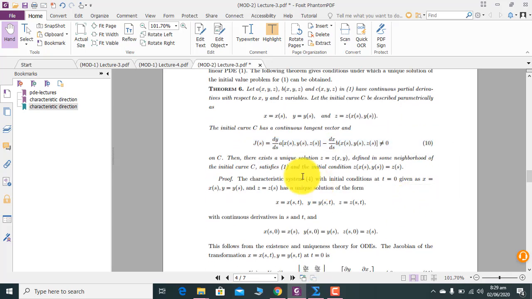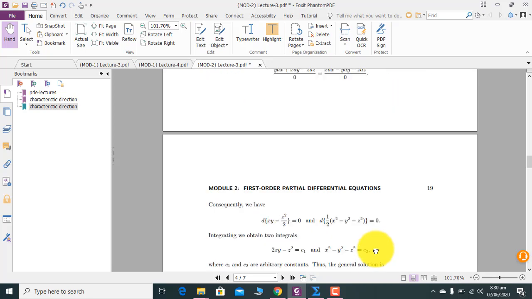Basically this J of s represents the tangent vector for the initial curve C, and that vector has to be non-zero. Then there exists a unique solution z defined in some neighborhood of the initial curve C. So if this determinant is non-zero, then there exists a unique solution that satisfies the partial differential equation.